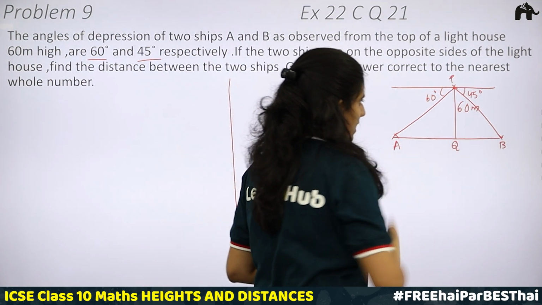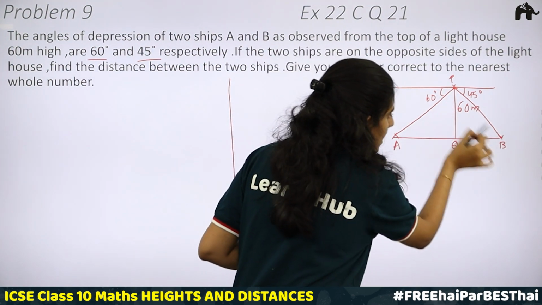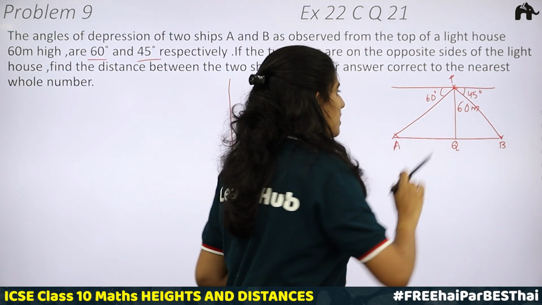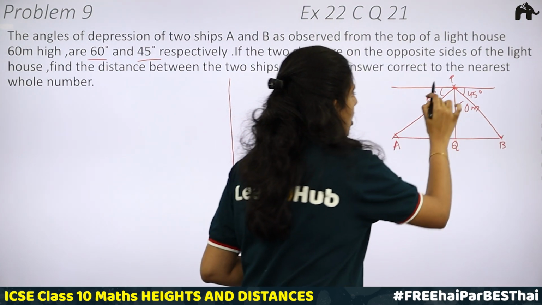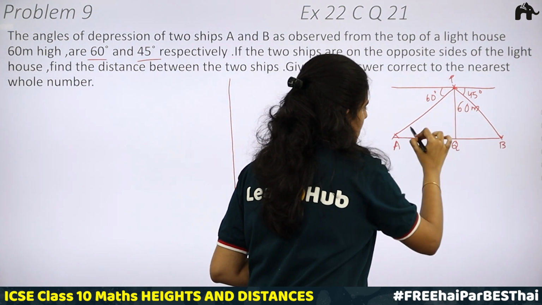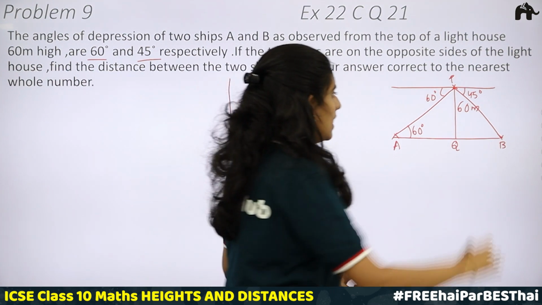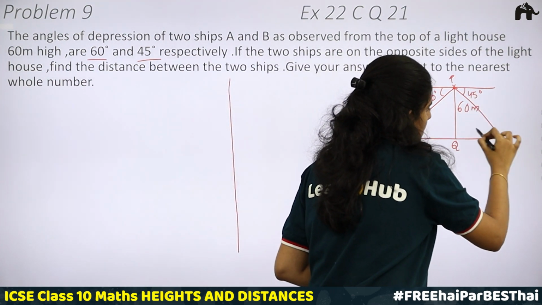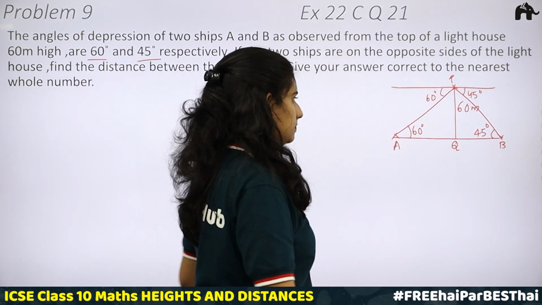This line is a transversal and this line is also a transversal. When a transversal cuts a set of parallel lines, alternate interior angles will be equal. Therefore, here we have 60 degrees and this angle will also be equal to 60 degrees. Here we have 45 degrees and this angle will also be equal to 45 degrees.